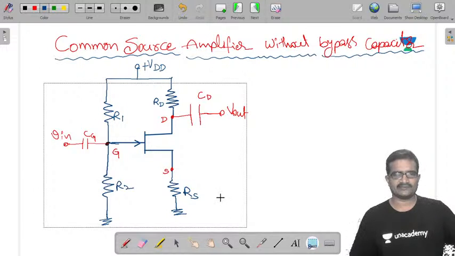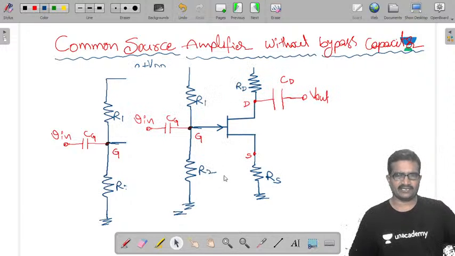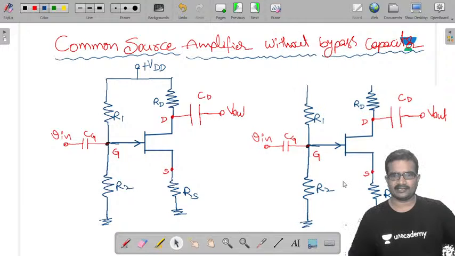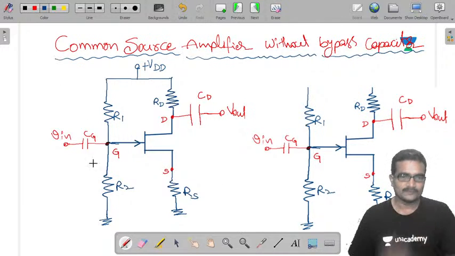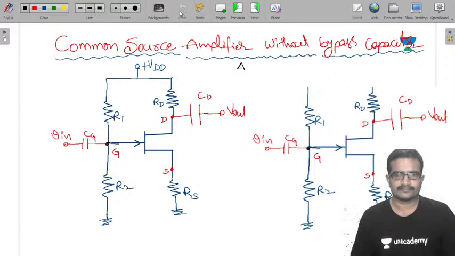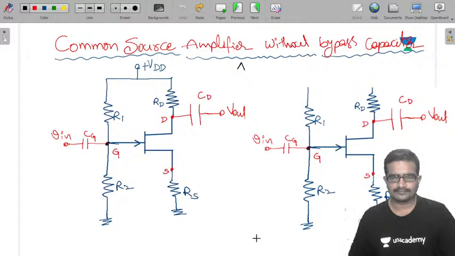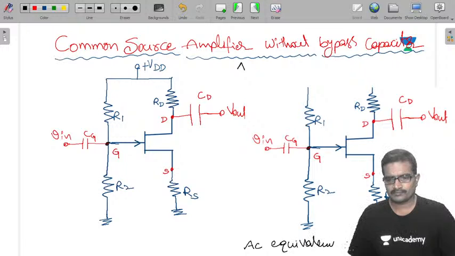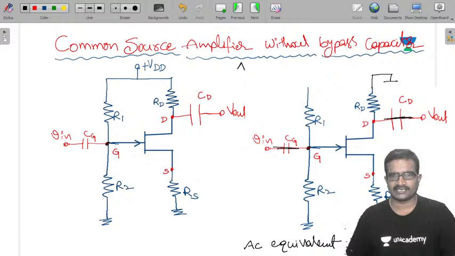For the AC equivalent, all capacitors are short circuited, and the DC supply VDD is connected to ground.